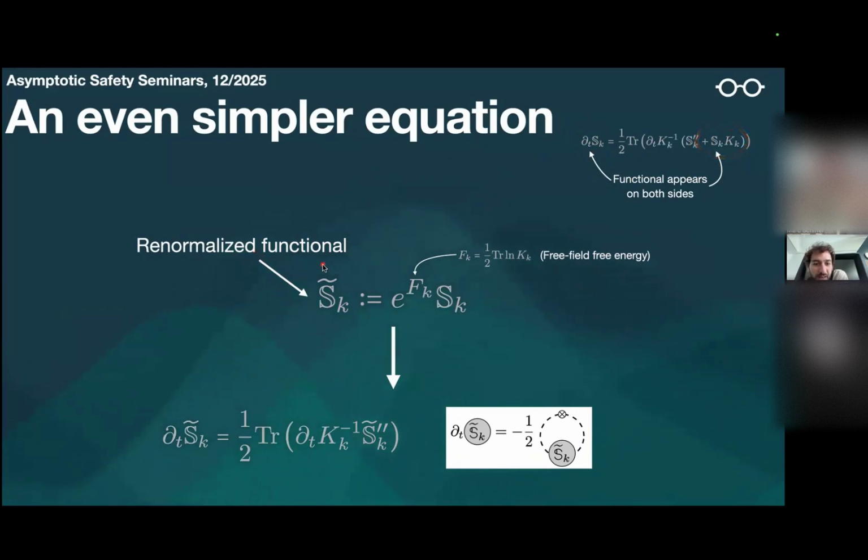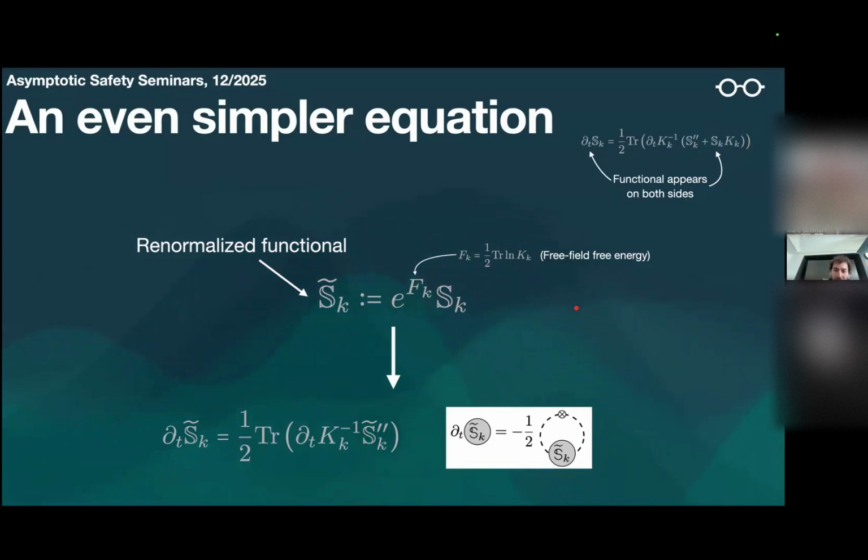The basic idea is that we renormalize our functional by rescaling it with this exponential in here, where F is my regulated free field free energy. So you have the trace of the log of my kinetic operator. By doing that, we recover this even simpler equation, which now has this nice diagrammatic representation.